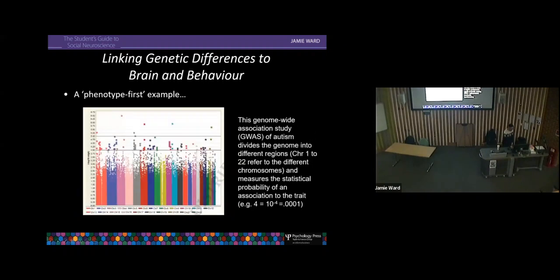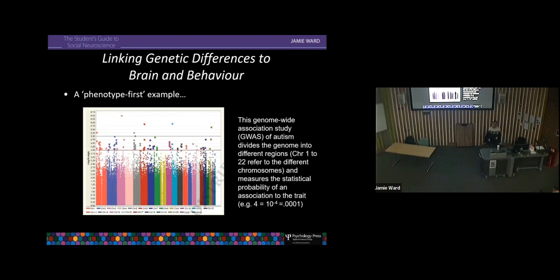A phenotype first approach is where you take a phenotype, and that might be something like empathy, or you take something like autism, and then you search through the entire genome and see what correlates with empathy or what correlates with autism. And of course, the advantage of this is that you're looking across multiple genes.